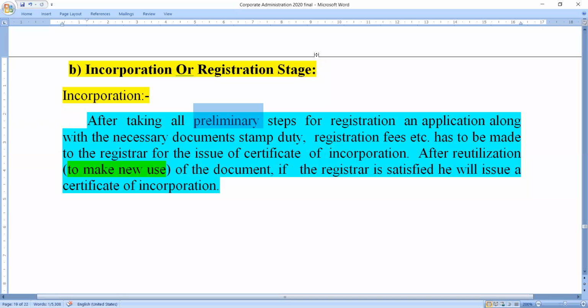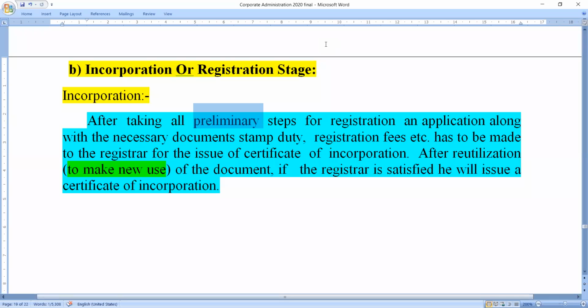Registration fees are also very, very important. The registration fee is prescribed by the registrar, depending upon your organization's capital.